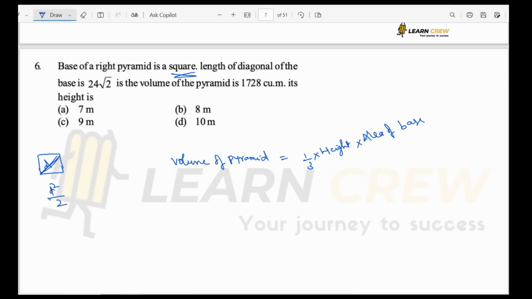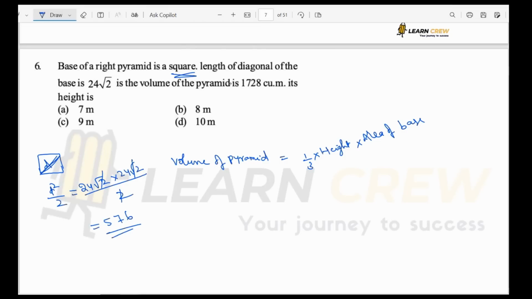The diagonal is 24 root 2, so it is 24 root 2 into 24 root 2 divided by 2. Root 2 into root 2 is 2. 2 ones are 2, 24 24s are 576. That is the area.